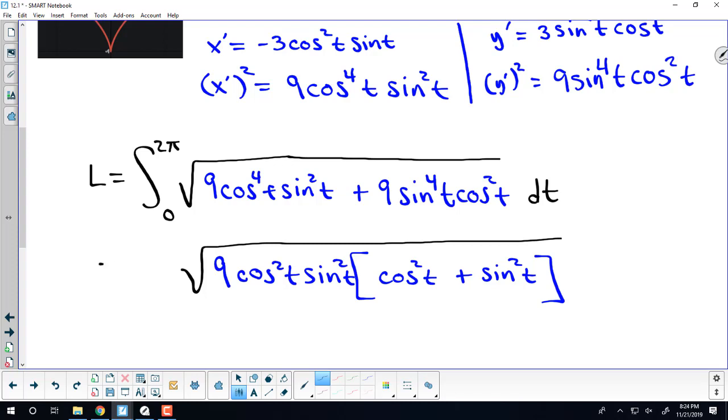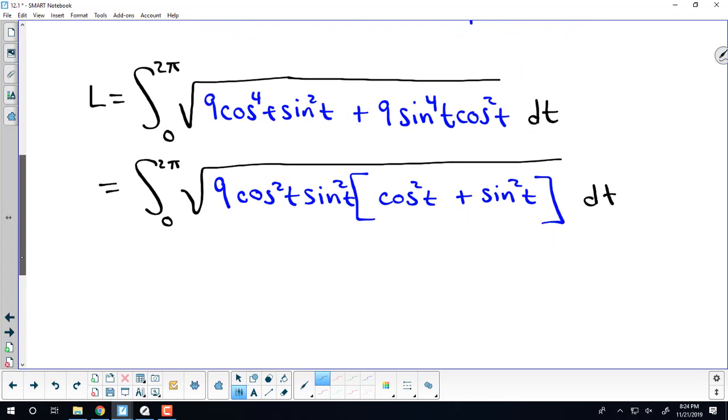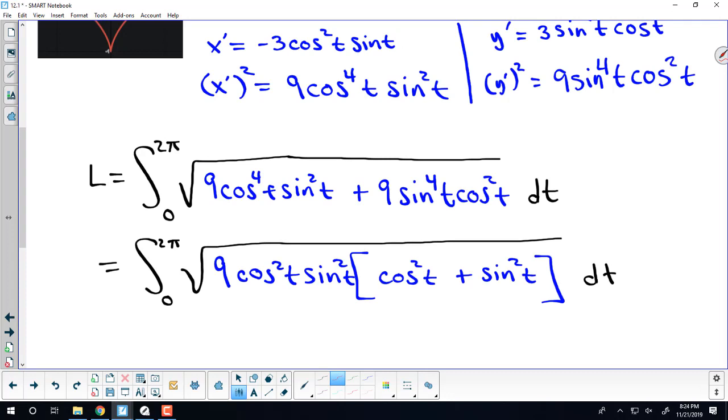So what do we have now? What does it simplify to? 3? For the 9, yeah, the square root of 9 is 3, so we get a constant there. 3 cosine t sine t. Times 1, yeah, because this is just 1.